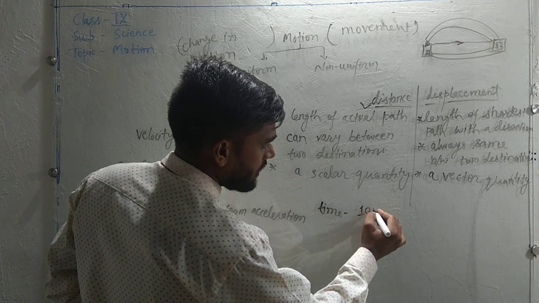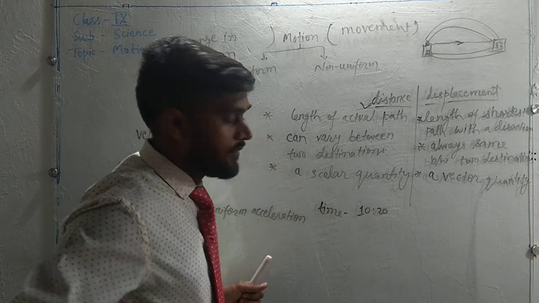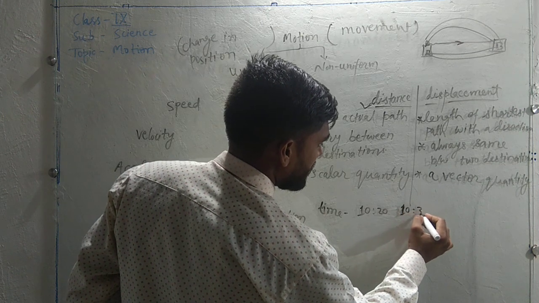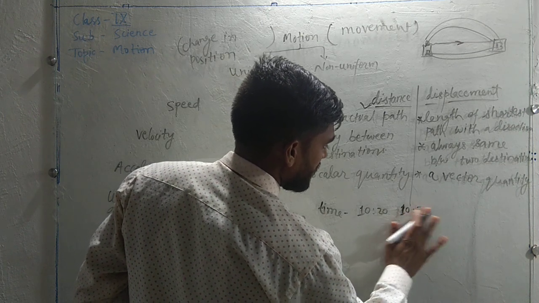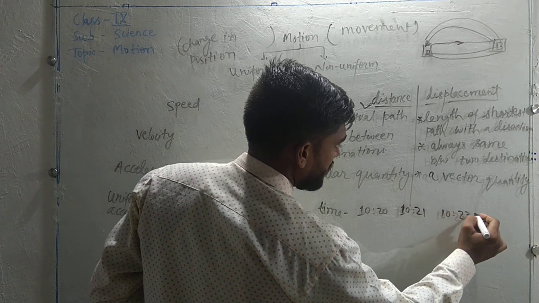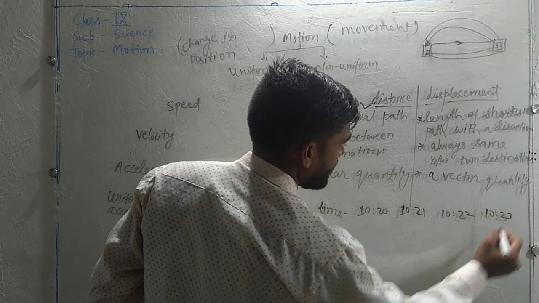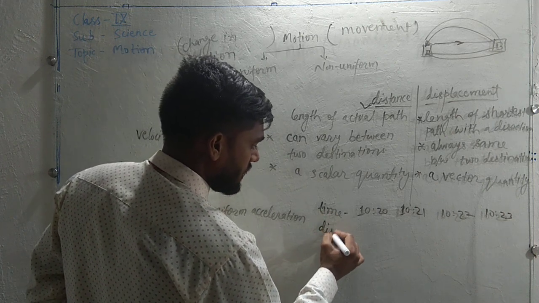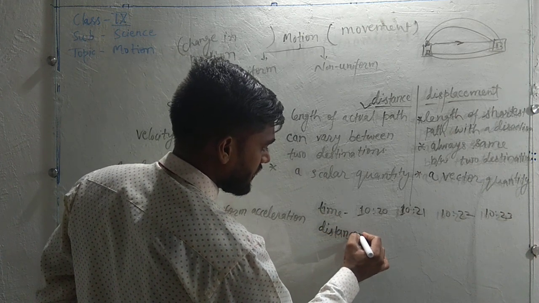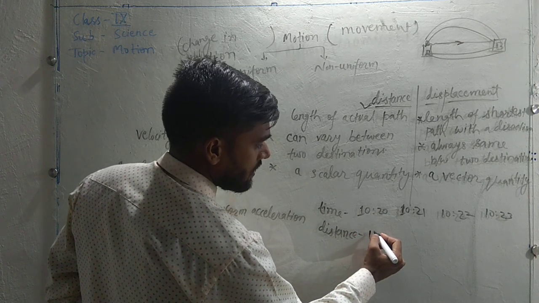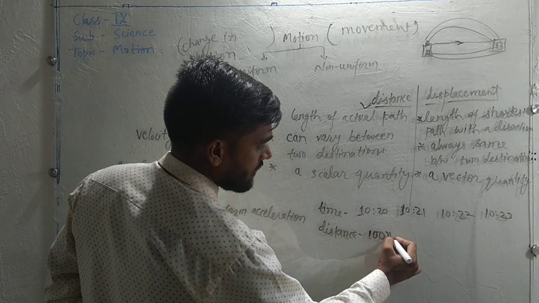Let it be 10:20, 10:21, 10:22, 10:23, like this, up to 10:30. And the distance covered by it: at 10:20 it was at 100 meters.